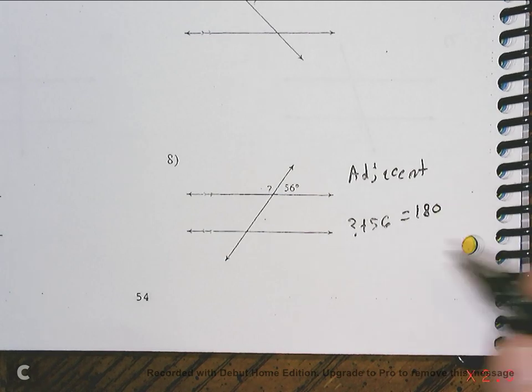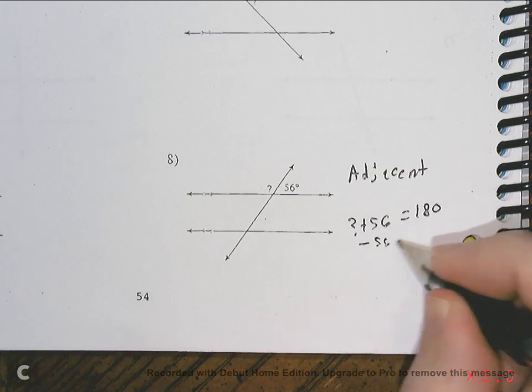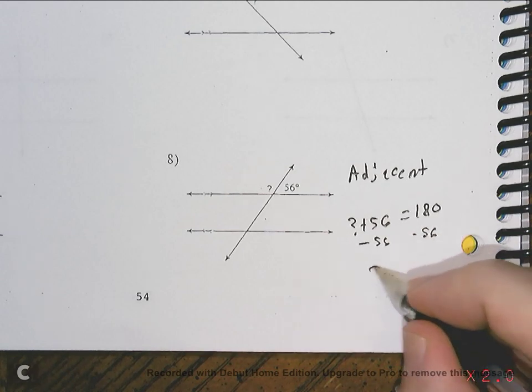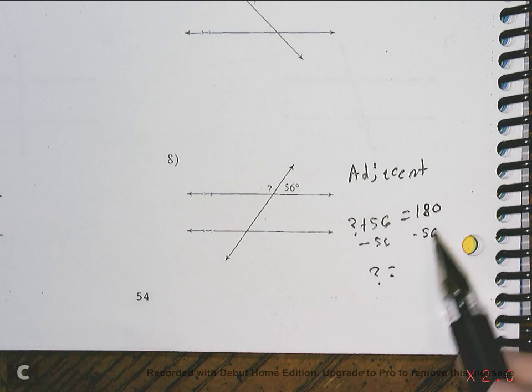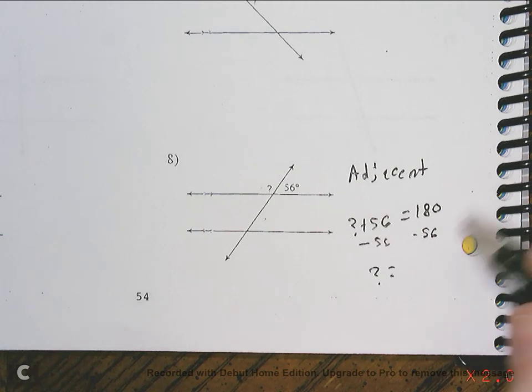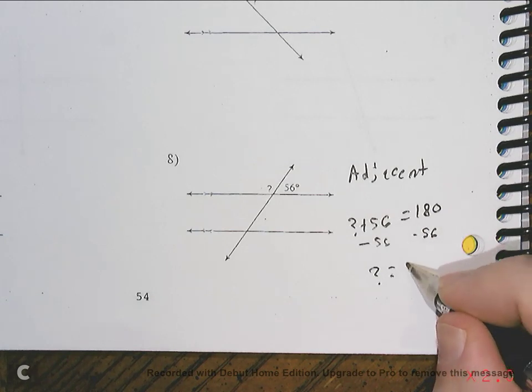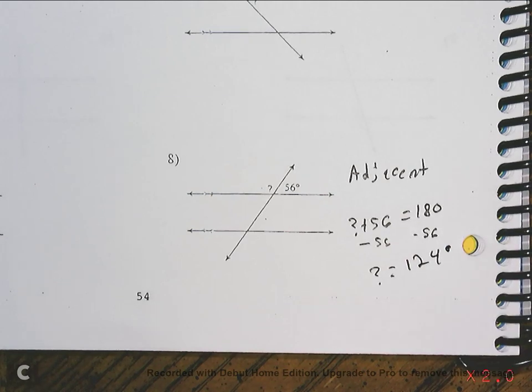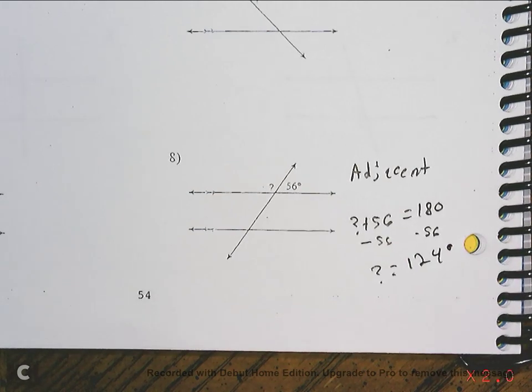To figure out the question mark, basically all I'm doing is taking 56 away from 180, which means the question mark has to equal 124 degrees. Okay? And that'd be your answer.